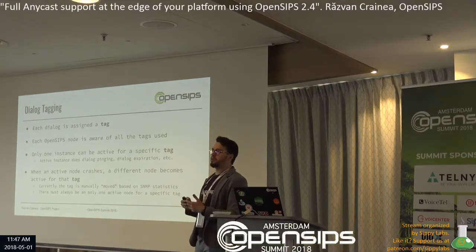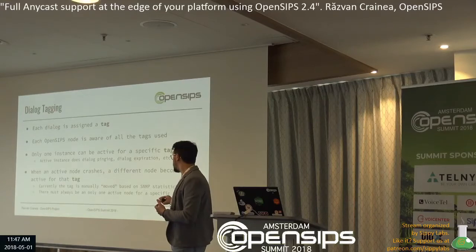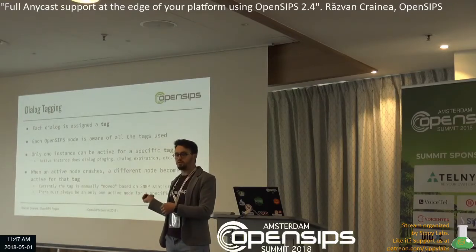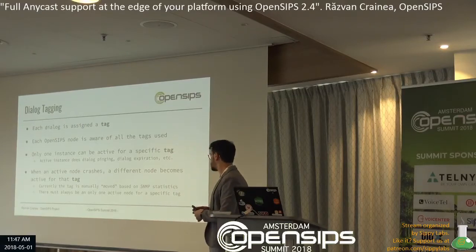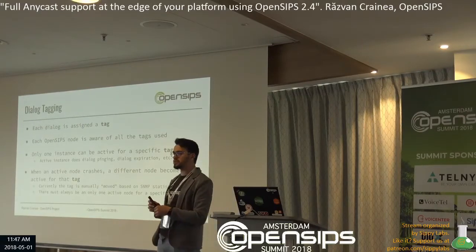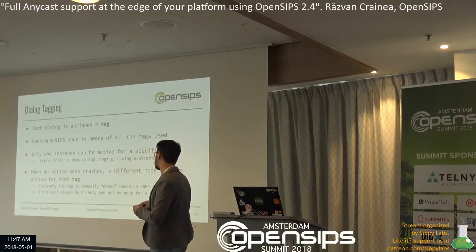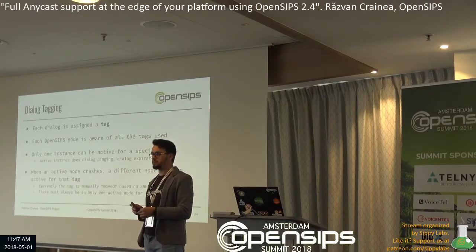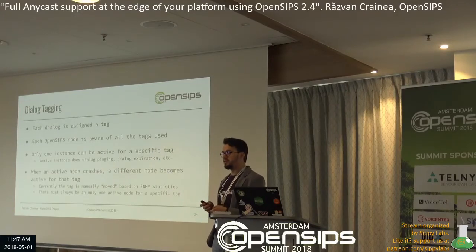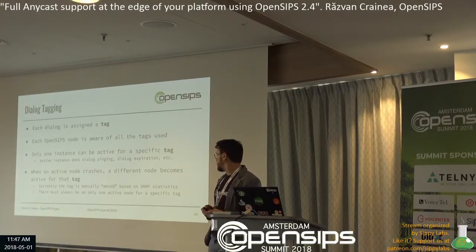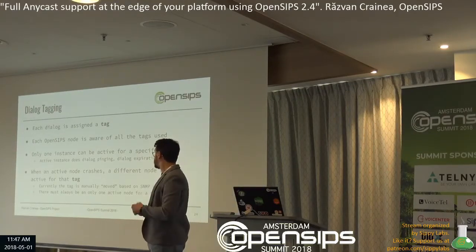We just offer APIs or MI commands to manually move it, and we are doing this right now based on some SNMP statistics. However, you must ensure that there's always one active node for one specific tag. Otherwise, the dialogs will never be expired, and of course the CDRs will never be generated.